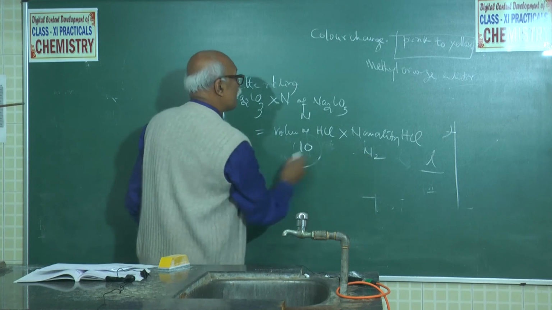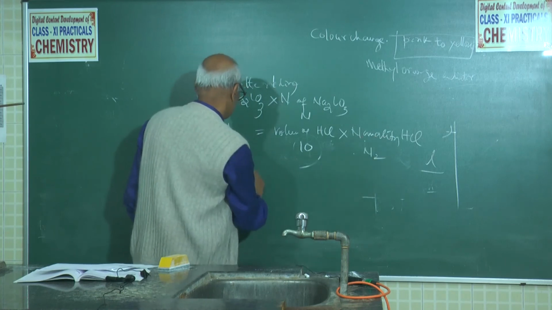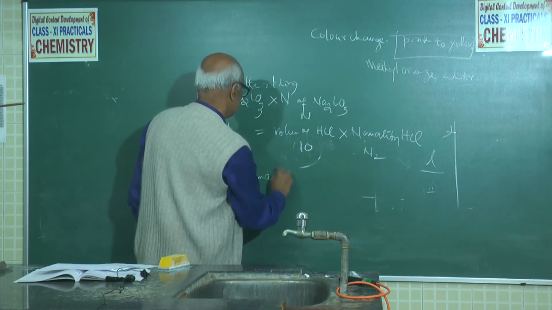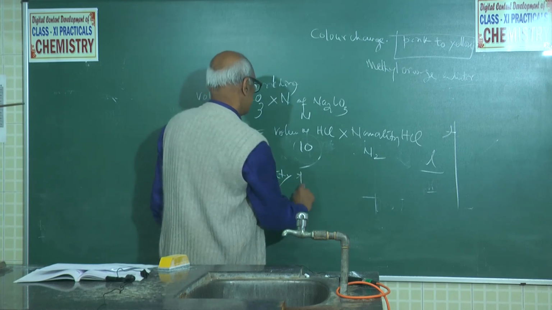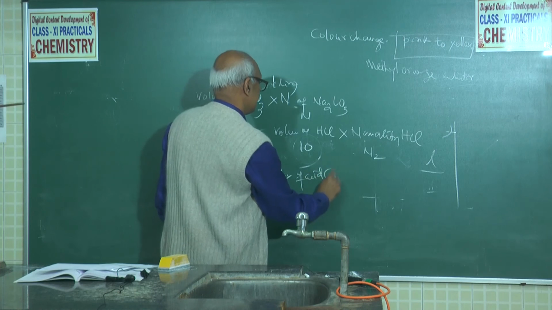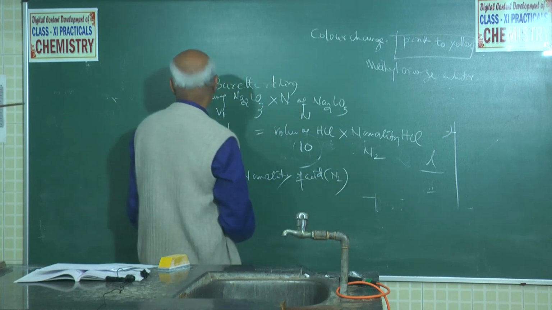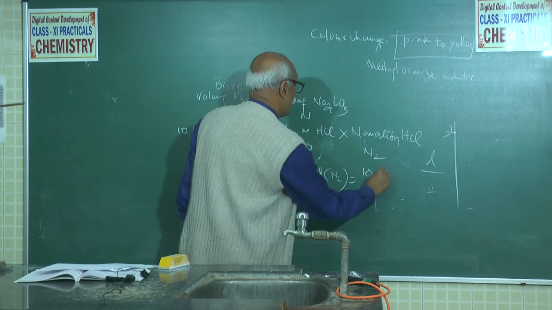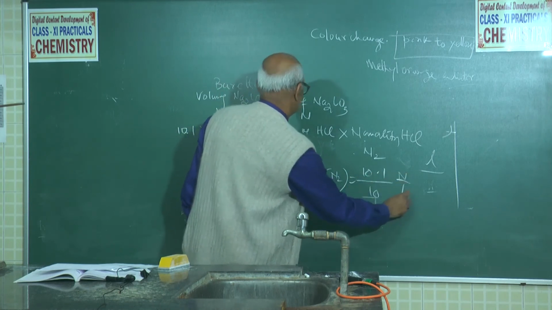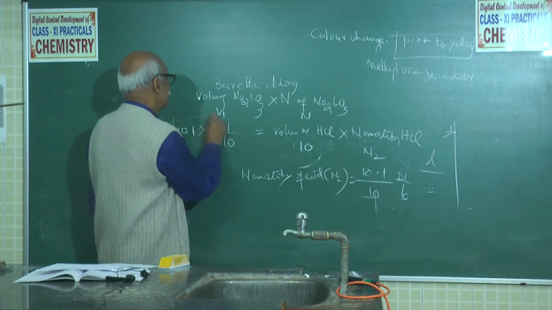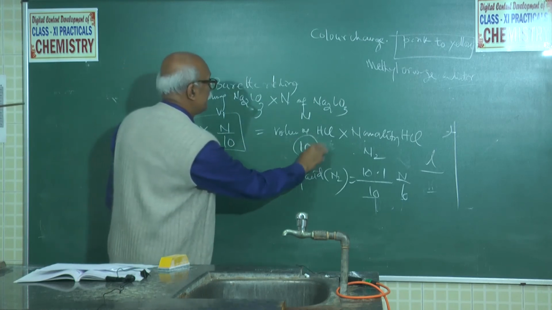So the normality of acid, the decinormal solution, will be of the order N/10. So the normality of acid, N2, is equal to 10.1 into N/10 divided by 10.